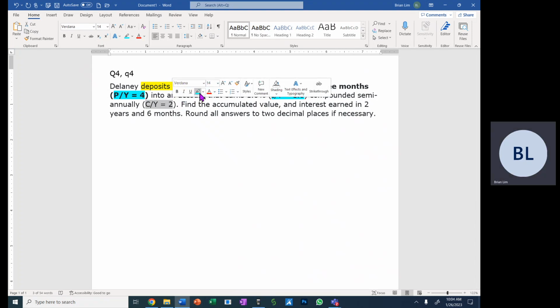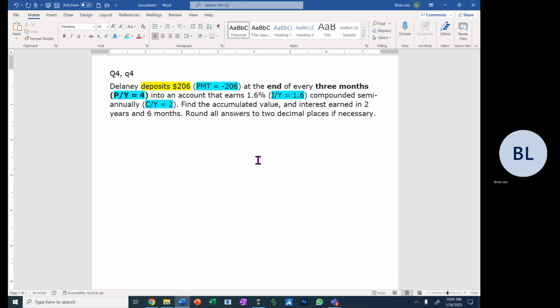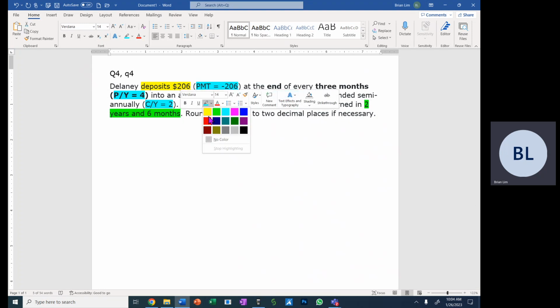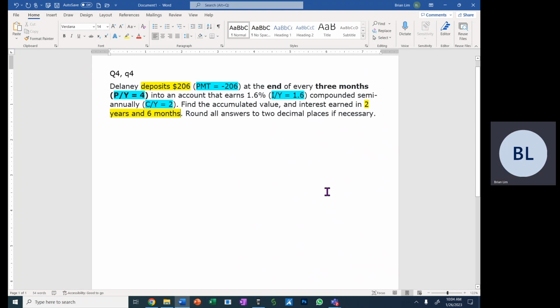Okay, so we have bits of information that are important for us, and so with that, we can do some calculations. All right, so we can go back now to the previous document. Now, the 2 years is also important, 2 years and 6 months, because that will determine the value for N. Remember?